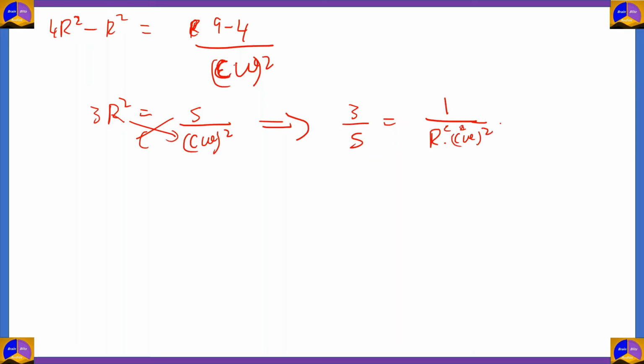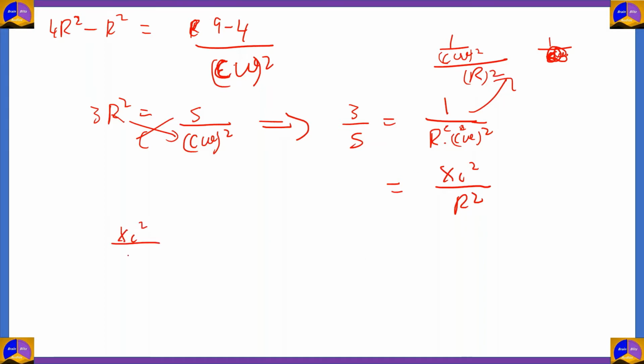Basically, we can write this part of the equation, the right-hand side, as 1 by C omega divided by R. So therefore, it becomes XC square divided by R square, because 1 by C omega is capacitive reactance and R is resistance. So now we have XC square divided by R square is equal to 3 by 5.